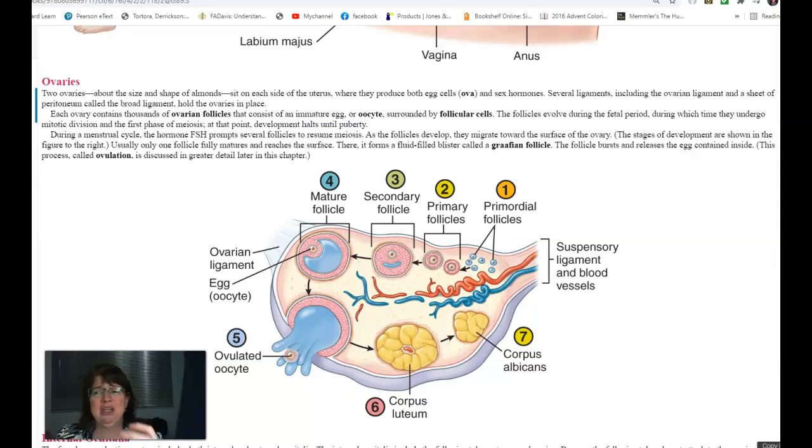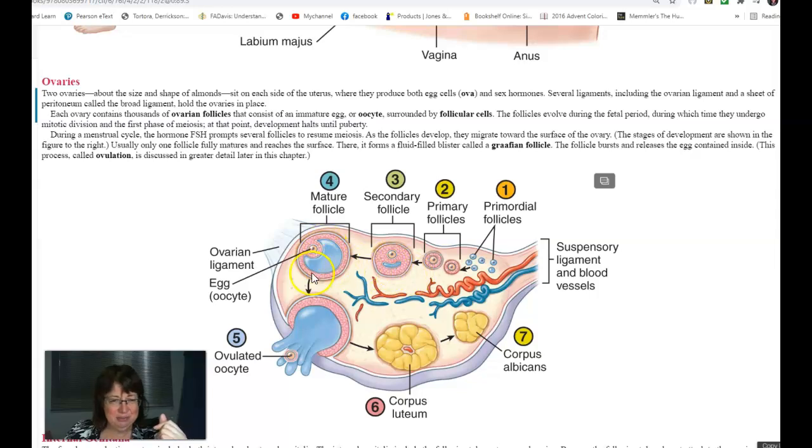Now, there are ligaments that hold it all together, but with time and with the proper stimulation of hormones, the primary follicles will develop. Now, don't worry about all this terminology. Just realize you start with a follicle, then it becomes a primary follicle.